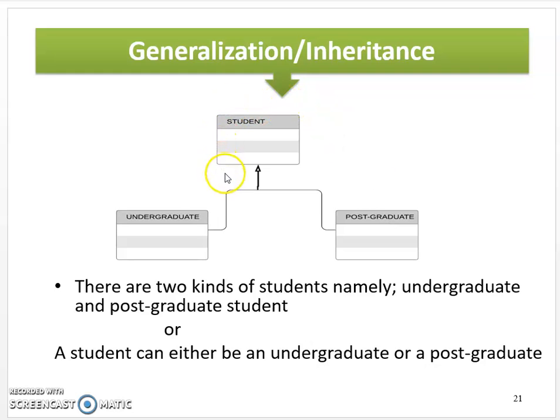By just saying student, we have generalized, and therefore student as a superclass will have a subclass undergraduate and another subclass postgraduate. All of them are linked together, and the empty triangle will always point towards the superclass or the base class, in this case the student.